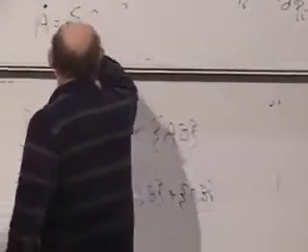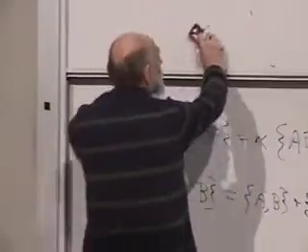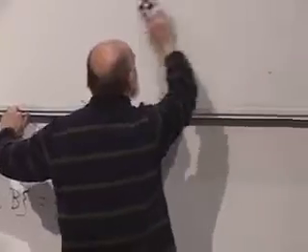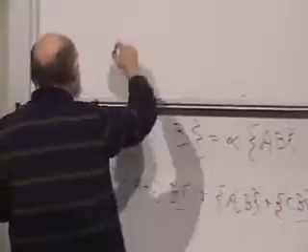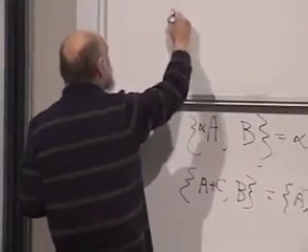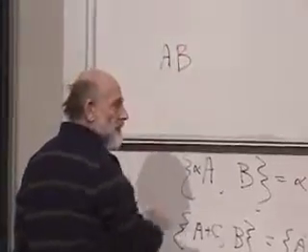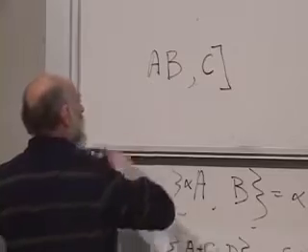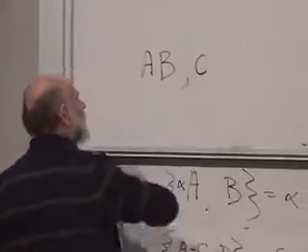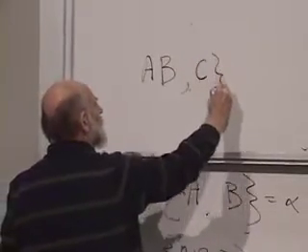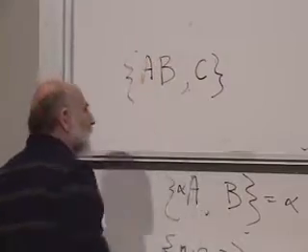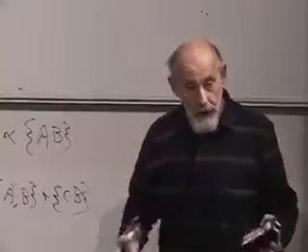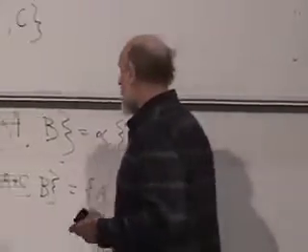There is one more element. What happens if I take A times B, not plus, A times B with the Poisson bracket with C? Well, let's work it out and then abstract from what I work out the general answer.